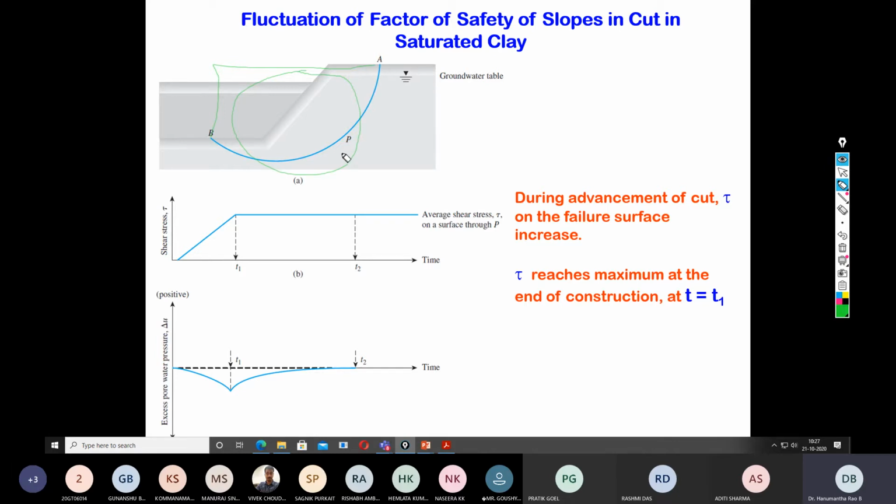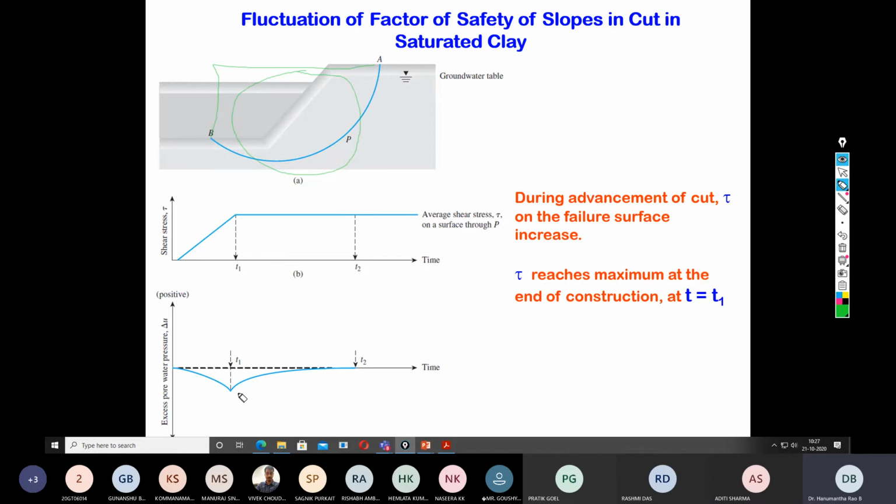So when there is slope stability, how do the shear strength and shear stress vary as you progress with the advancement and the excavation? In the previous case, when you impose the surcharge load, there is an increase in the excess pore water pressure with the increase in overburden pressure. But in this case, you are doing it in a reverse way. You are removing the load. There the pore water pressure is positive, but when you remove the load, the same pore water pressure becomes negative.